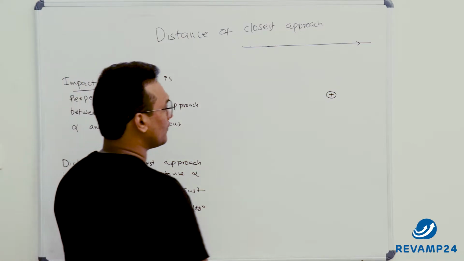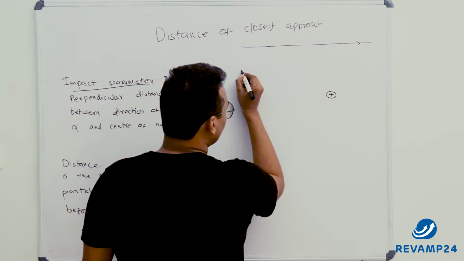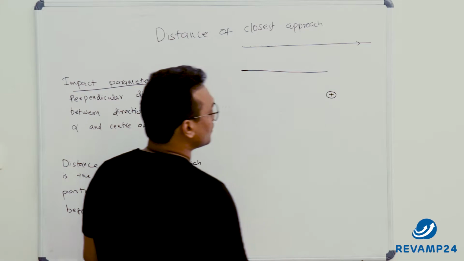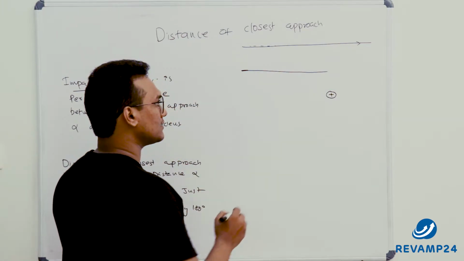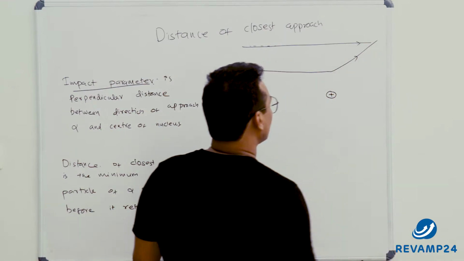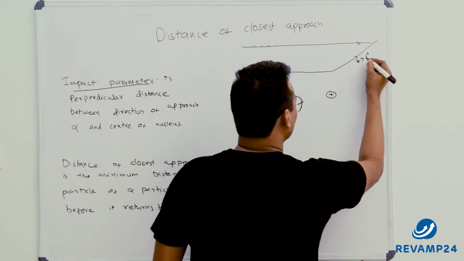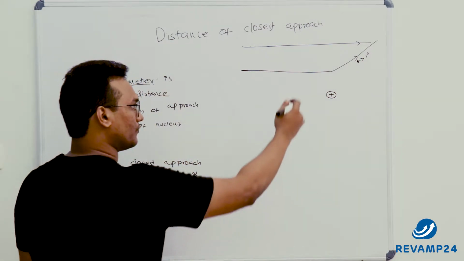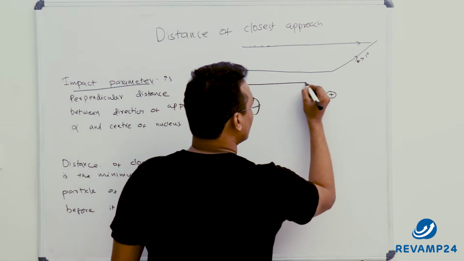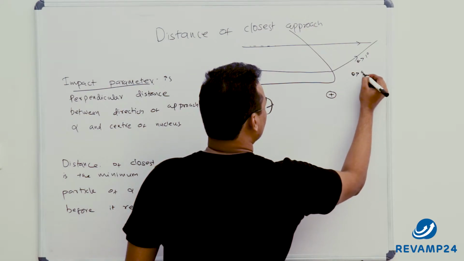When the alpha particles come nearer to the positive charge nucleus, they will be deviated by an angle theta of more than 1 degree. When it is very close, what will happen? That will deviate by an angle of more than 90 degrees.